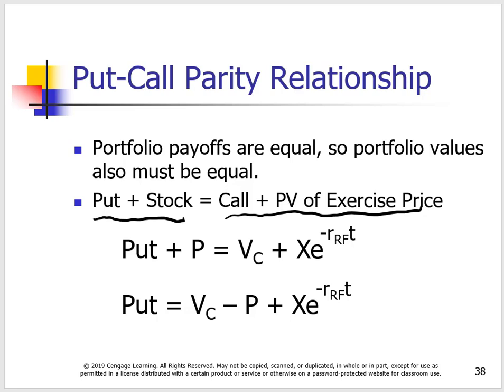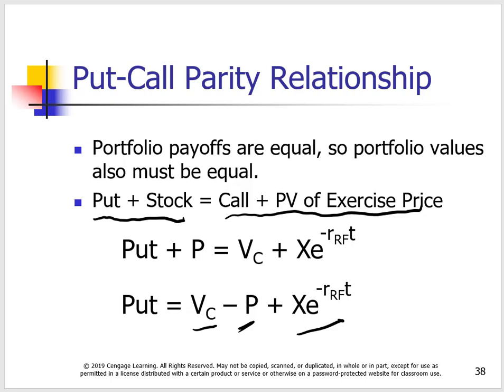If you wanted to buy a put, for instance, but you really didn't want to buy a put, if you bought a call, sold the stock, and invested in the risk-free asset for the exercise price, you would get the value of a put. And these would have to be equal.